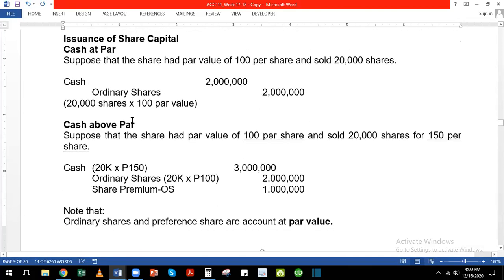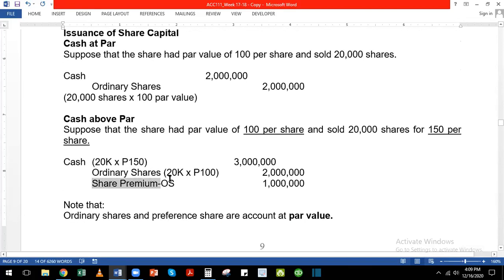That's why you credit share premium ordinary shares for 1 million for the excess. So, kumbaga, 3 million total consideration, or yung cash na received ng company, minus the ordinary shares at par. So, meron siyang excess na 1 million.